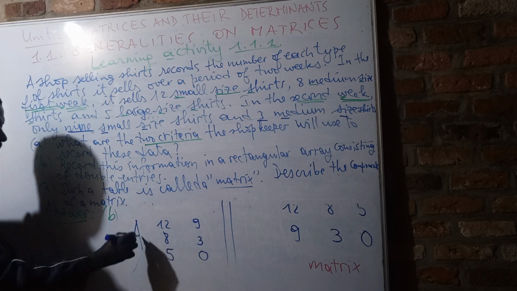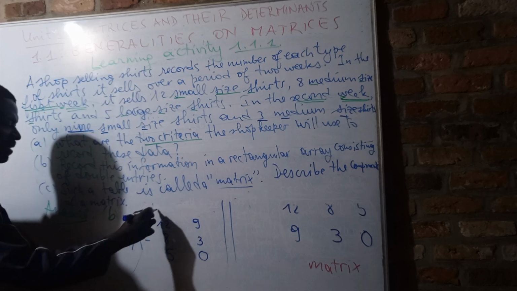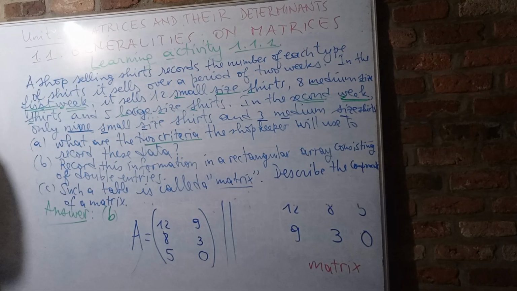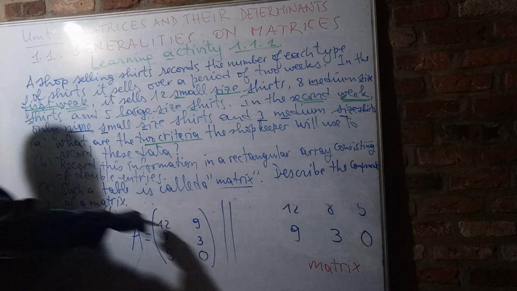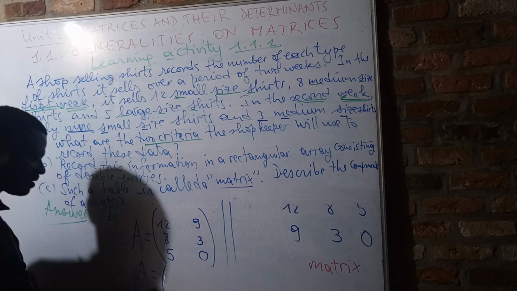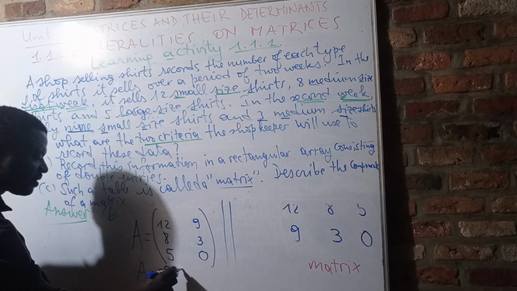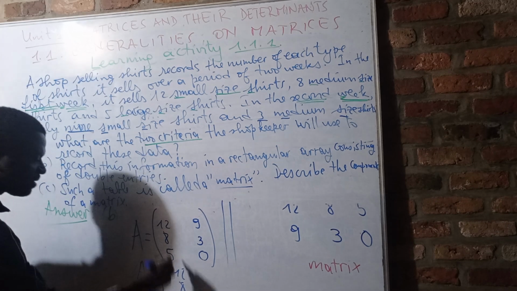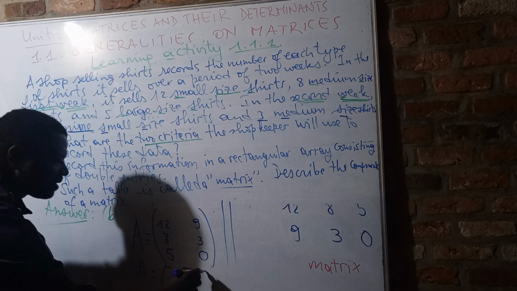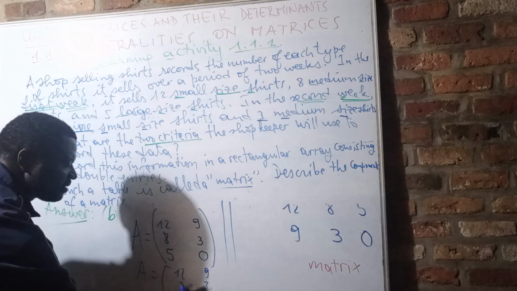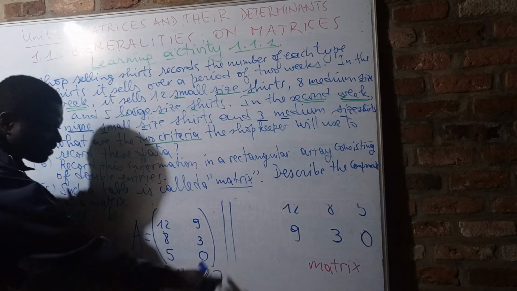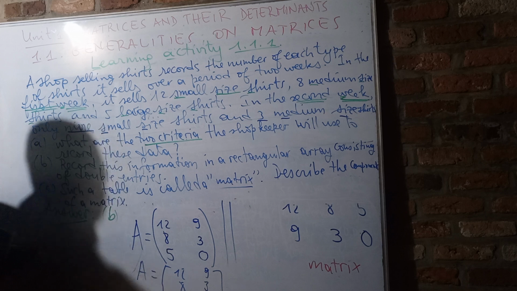So this can be denoted by letter A, and you can write it in a round bracket or square bracket, no problem. Like this, square bracket 12, 8, 5, first array, vertical one, second array 9, 3, 0 in this bracket. This one is a square bracket, this one a round bracket.